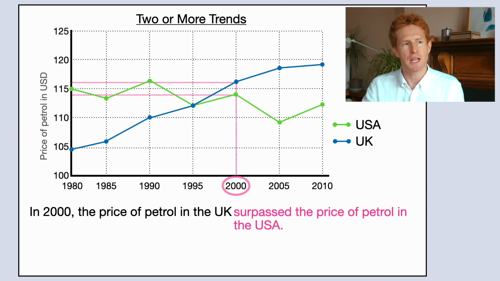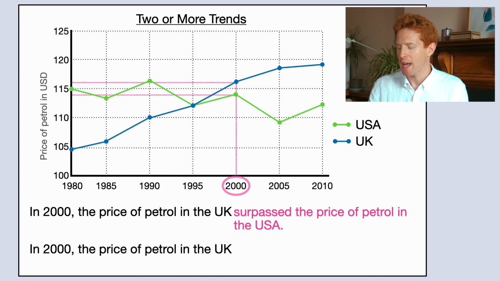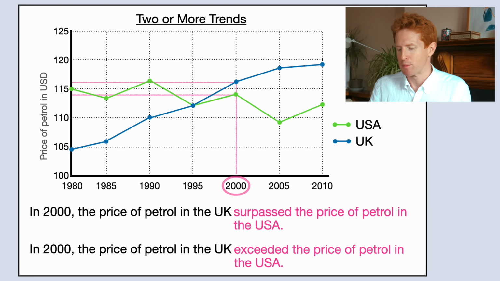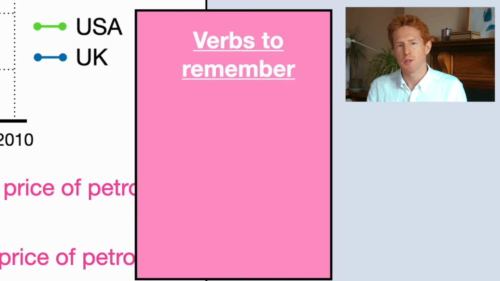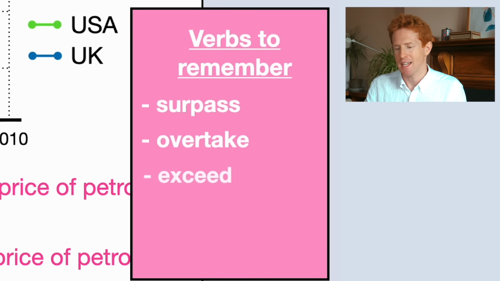So surpassed, it's more. In 2000, the price of petrol in the UK exceeded the price of petrol in the USA. So we've got these useful verbs for describing when one data is higher than the other. So we've got these verbs to remember. We've got surpass, overtake, and exceed.